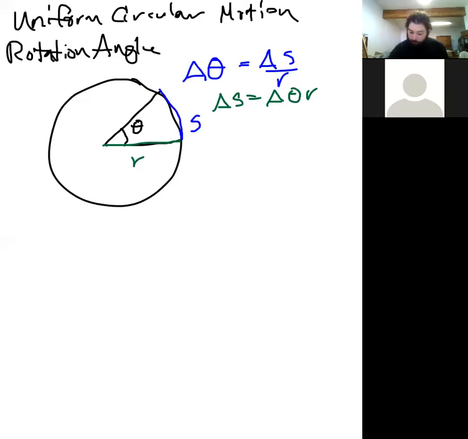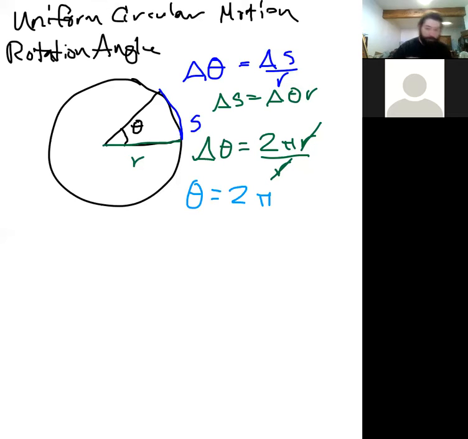So if we go all the way around, which is basically 1 revolution, then delta theta is going to be 2 pi r over r. Then we can cancel these out, and that means 1 revolution is essentially equal to 2 pi. We call that radians.